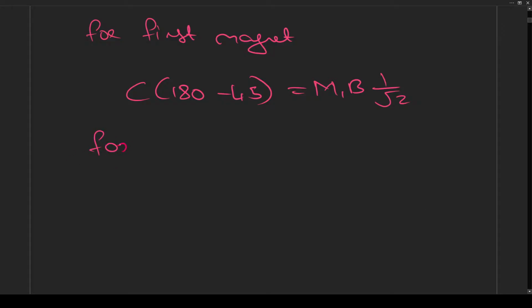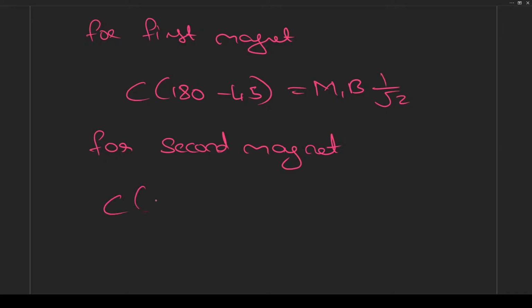For the second magnet, C into 180 minus 30 degrees equals M2 B sine 30 degrees, which is 1 by 2.